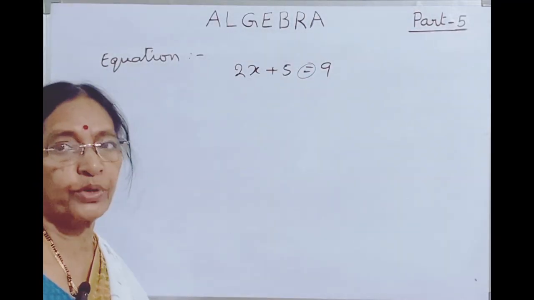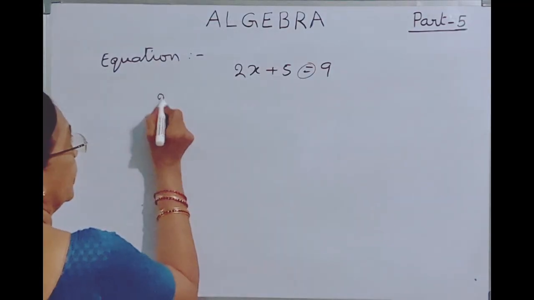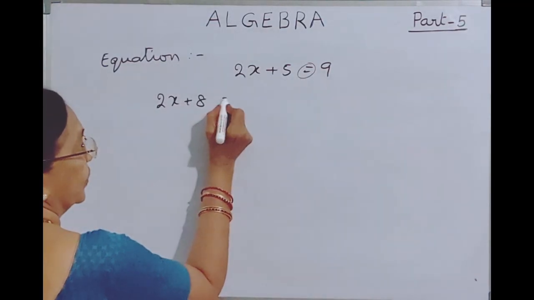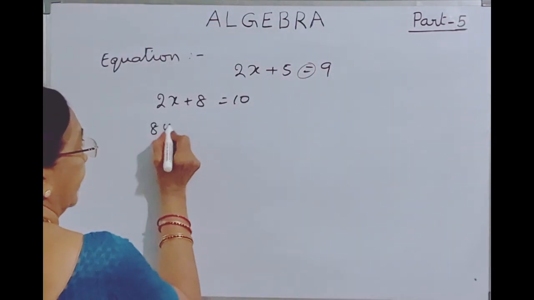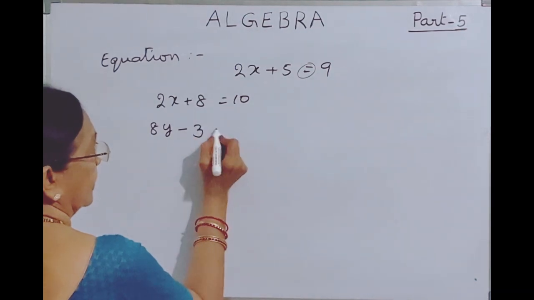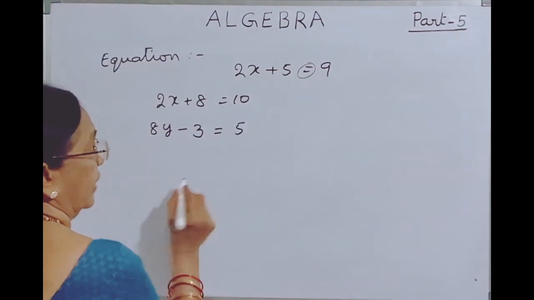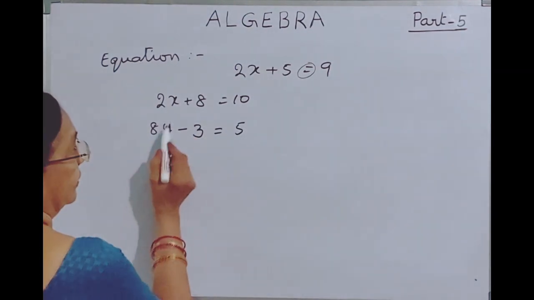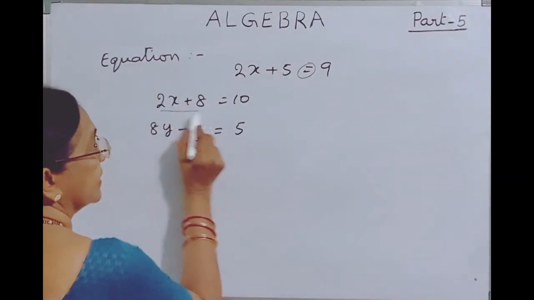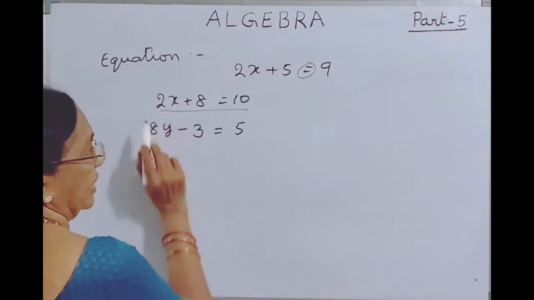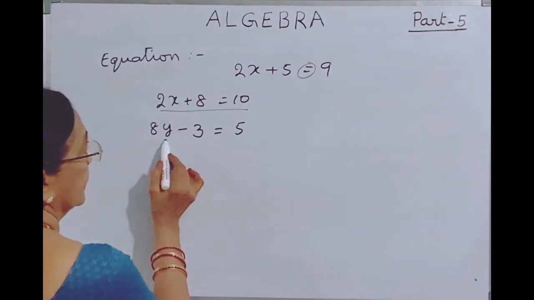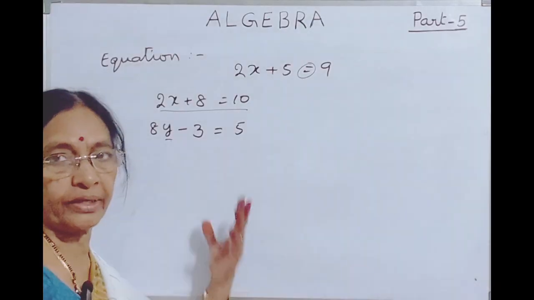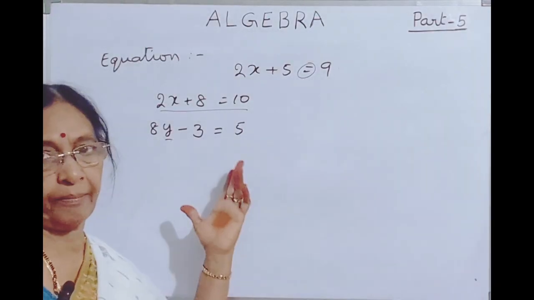So I will write some more examples for equations. 2x plus 8 is equal to 10. 8y minus 3 is equal to 5, like that. Here x and y are variables. In this equation x is the variable and the others are numbers. In this equation y is the variable and the others are numbers.